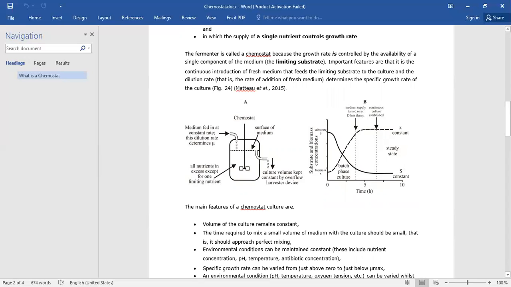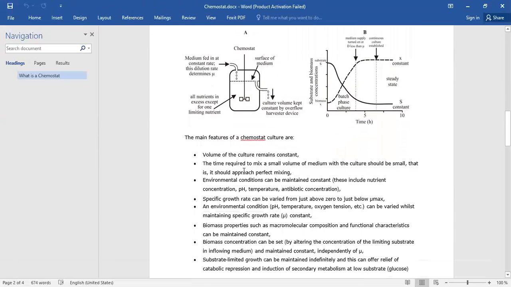The main features of a chemostat are that the volume of the culture remains constant, the time required to mix a small volume of medium with the culture is small, and environmental conditions such as pH, temperature, and antibiotic concentrations are maintained constant. The specific growth rate can be varied from just above zero.